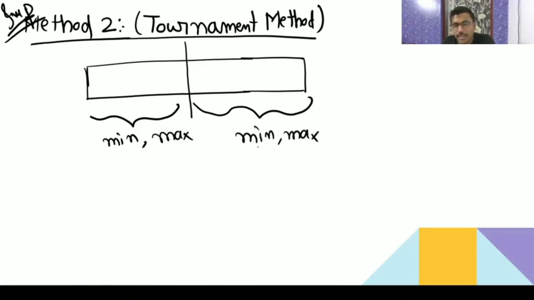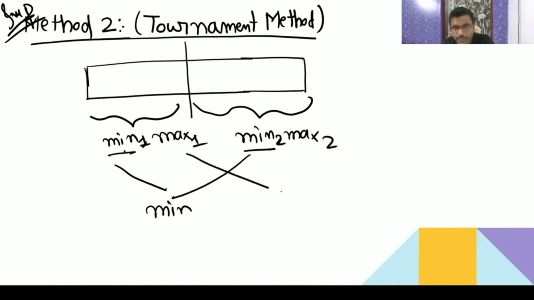Then I compare the two mins, and the smaller is going to give me the min. This is min one, this is min two, this is max one, this is max two. Understood?